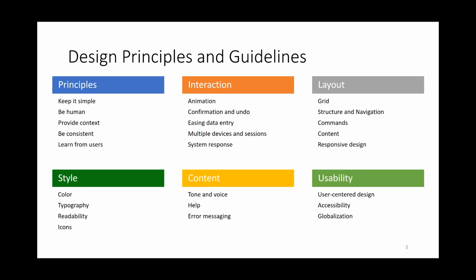Now for the content, the tone and voice is basically to make sure that the user understands what message you are trying to communicate. Some of the things you might want to be careful about is, if your application is, let's say, an international application, then some of the sentences or words might have different meanings in different regions.